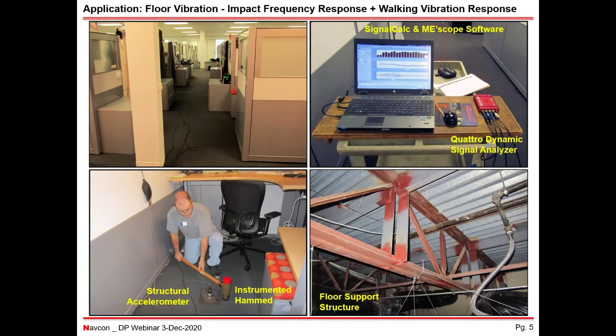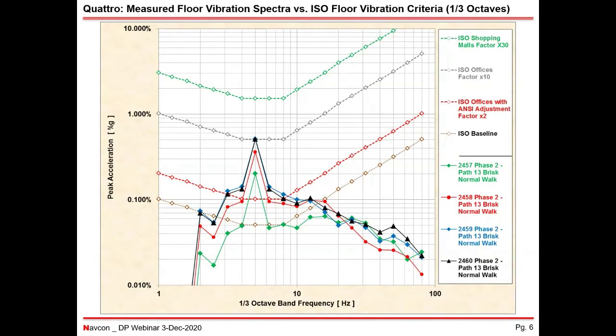The objective of the project was to compare the vibration readings that we were getting in the different cubicles with an ISO standard, and then determine what was causing this excessive vibration. This shows the vibration measurement recorded on the floor when people were walking. We've got peak acceleration on the vertical axis, and we actually measured the vibration in third octaves.